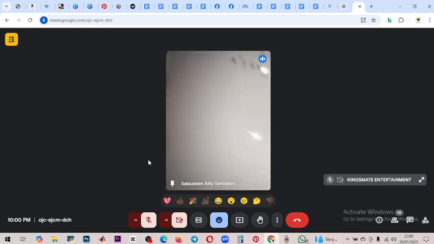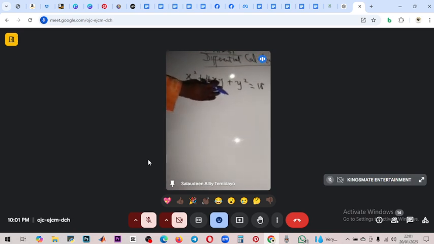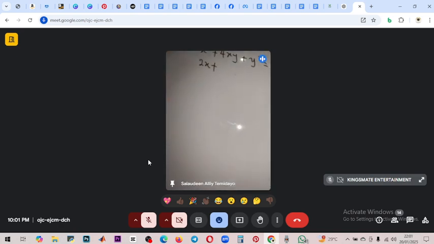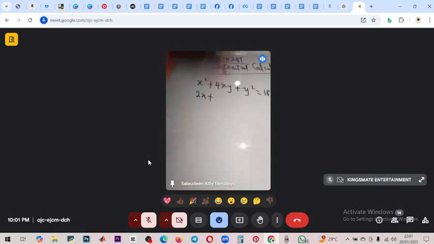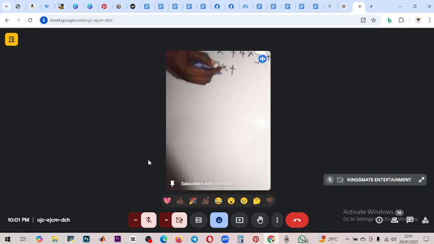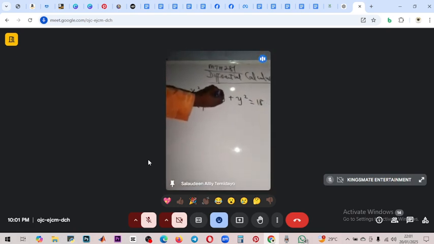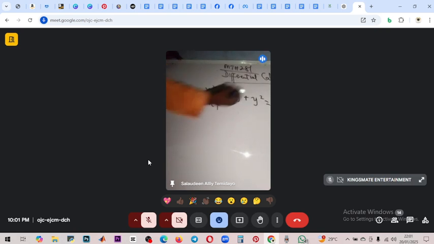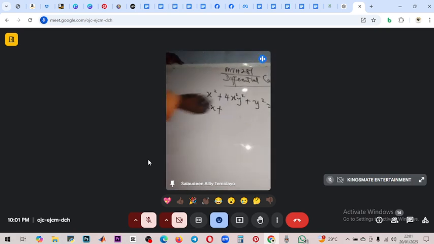I'm not differentiating explicitly. So differentiate x squared, that's going to be 2x simply, plus 4xy must be differentiated in 2 forms. The first is with respect to x, the second is with respect to y. So I'm going to change my 4xy to 4x squared y squared to make it more complex.